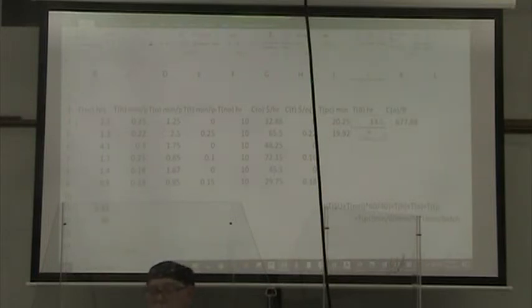All right. All right, so this is going to be equal to our time per part times our batch size divided by 60.